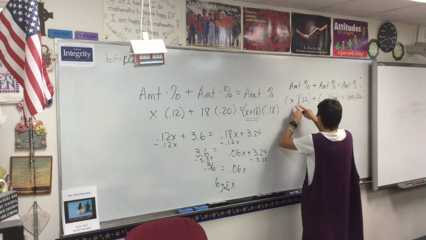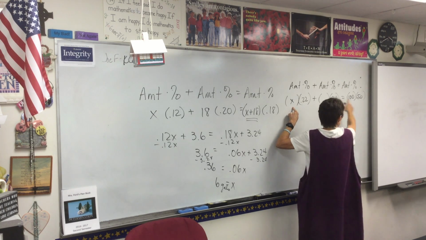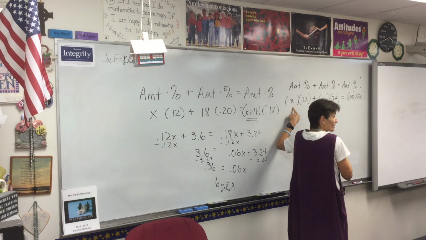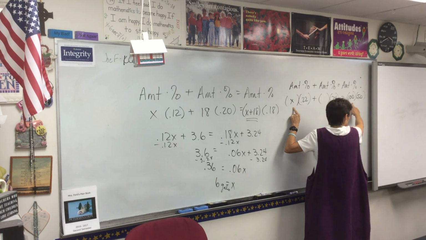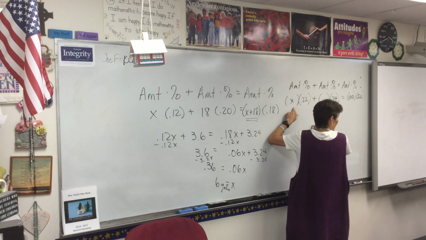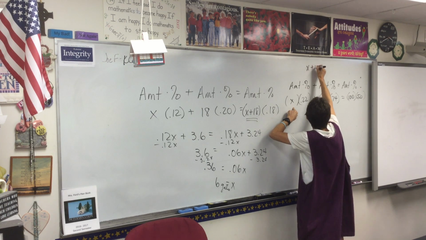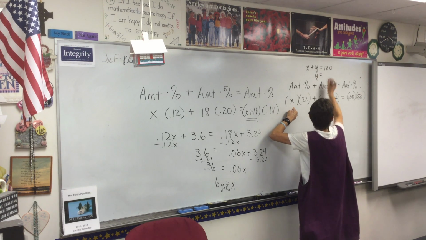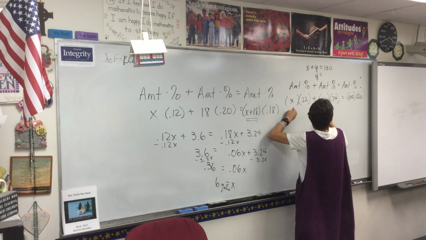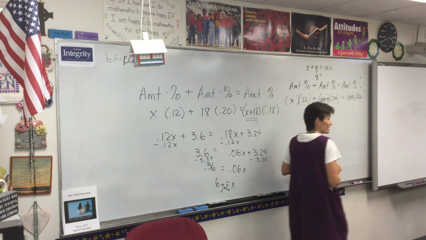I am adding these two to get that one. So for a minute, let me call that Y. I am adding X and Y to get 100. So tell me what Y is. 100 minus X is what goes in there.